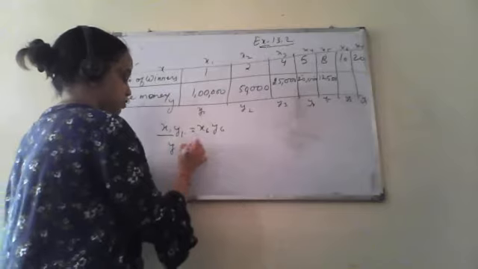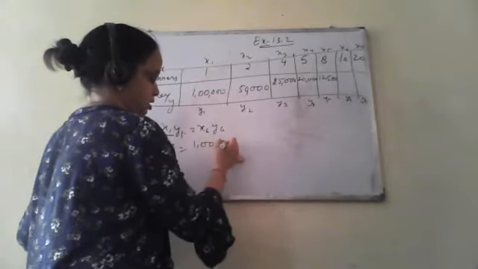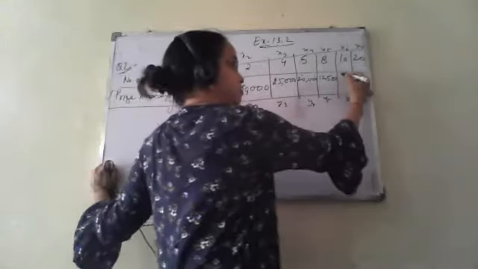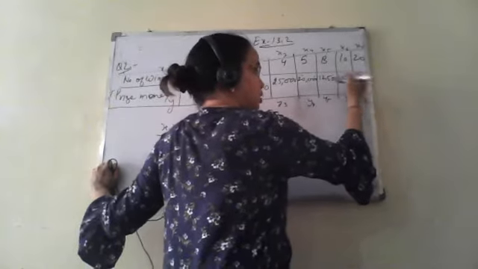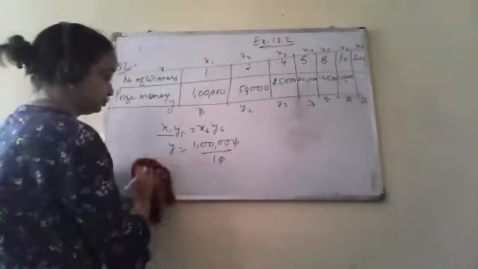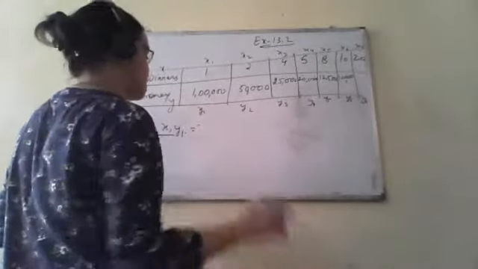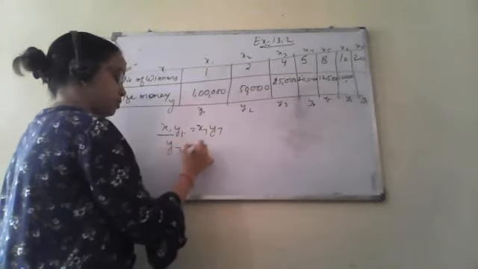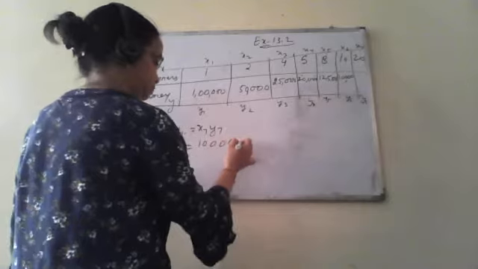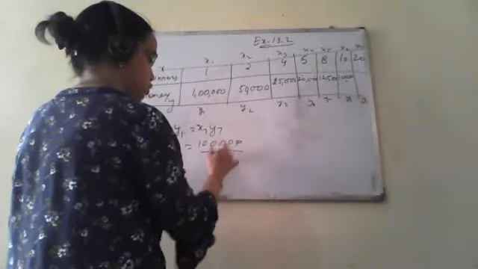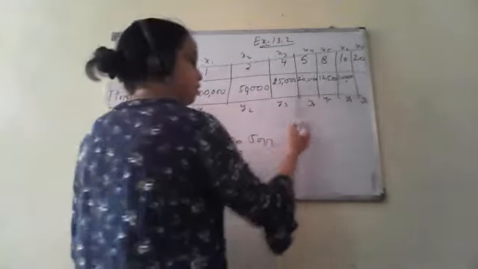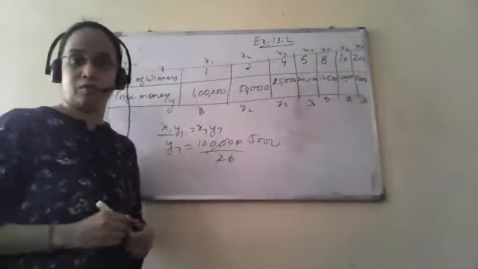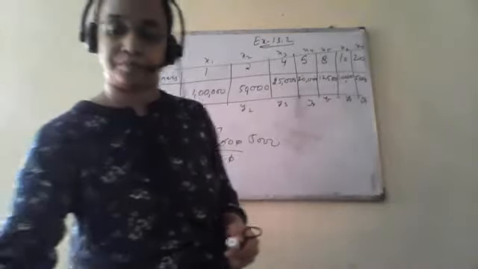So y6 will be equal to 1 lakh upon 10. Each winner will receive 10,000 rupees. Clear? Now last part, this is x7 y7. So y7 will be 1 lakh upon 20. So each winner will receive 5,000 rupees. So this is how we have to calculate.